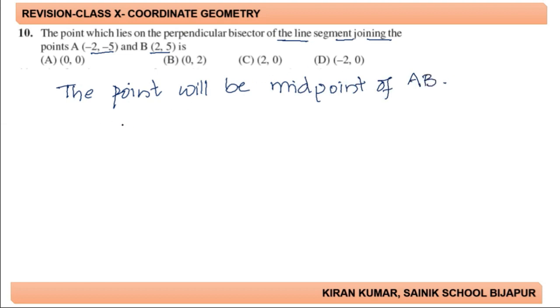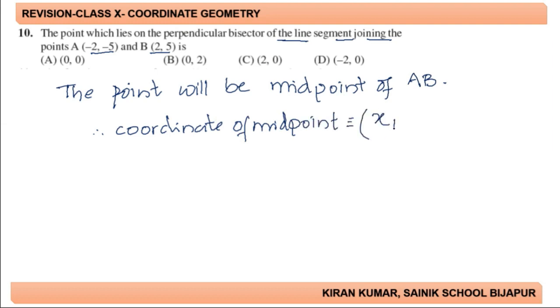We have learned by the midpoint formula that the coordinates of the midpoint are (x1 plus x2) upon 2, (y1 plus y2) upon 2. Let's substitute.